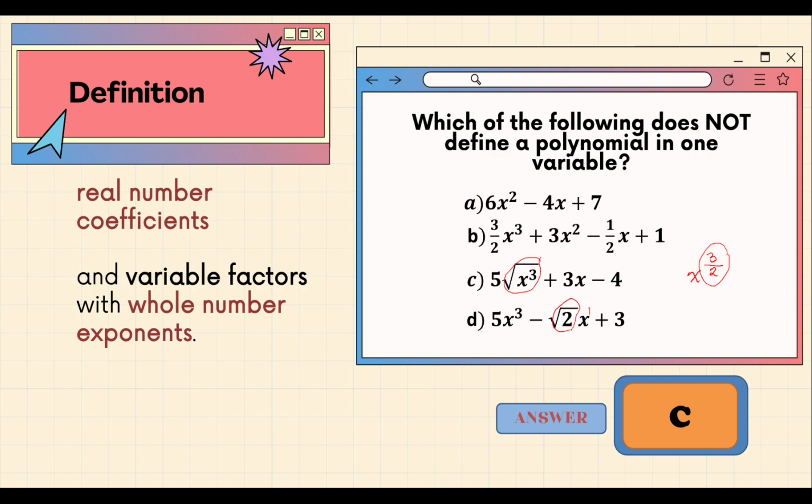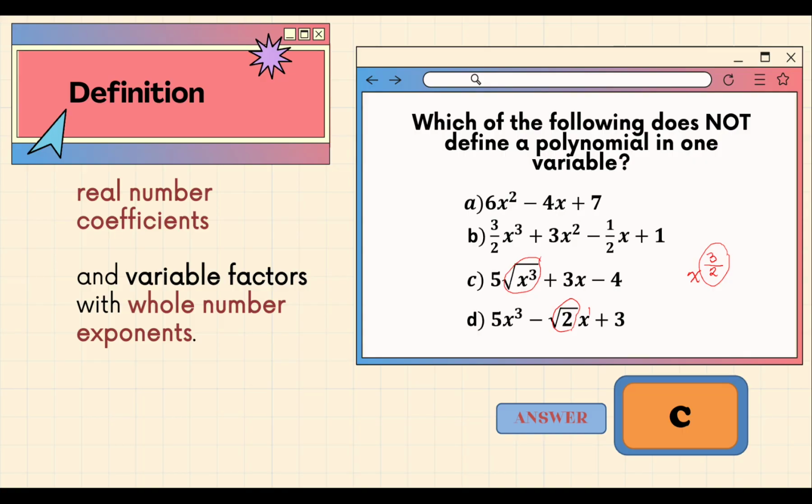Clear? So again, how do we know whether an expression is a polynomial or not? One, you have to check that all the coefficients are real numbers. Second, you have to check the variable. Since we are dealing only with polynomial with one variable, there should only be one variable. Mostly, we will be dealing with x.